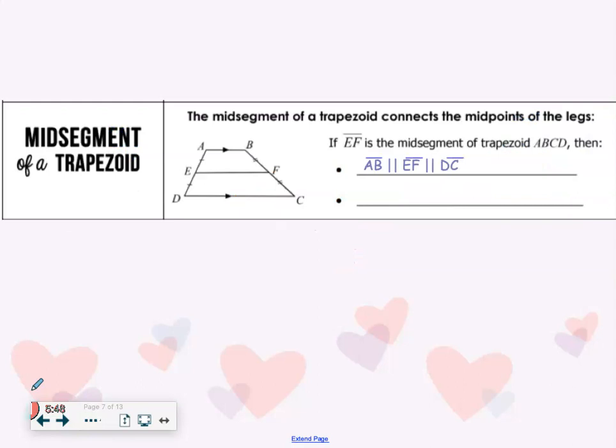Okay, then we have this thing called a mid-segment. Your mid-segment connects the midpoints of the legs of your trapezoid. So what this is telling us is that both of our bases and our mid-segment are all parallel. That's what's happening here. And then we have a nice little formula to figure out the length of it.